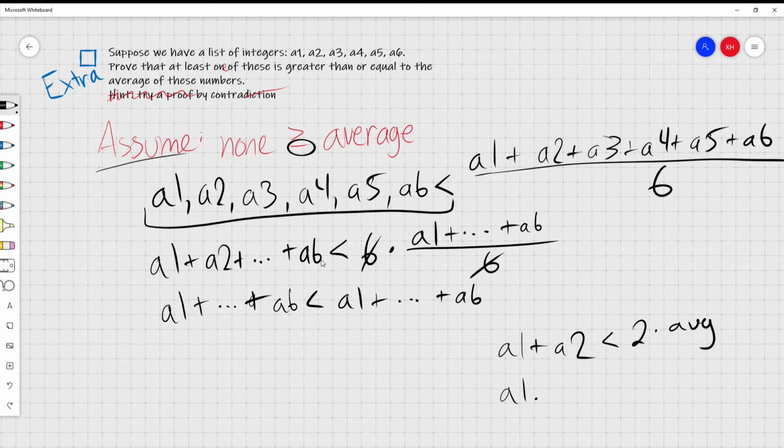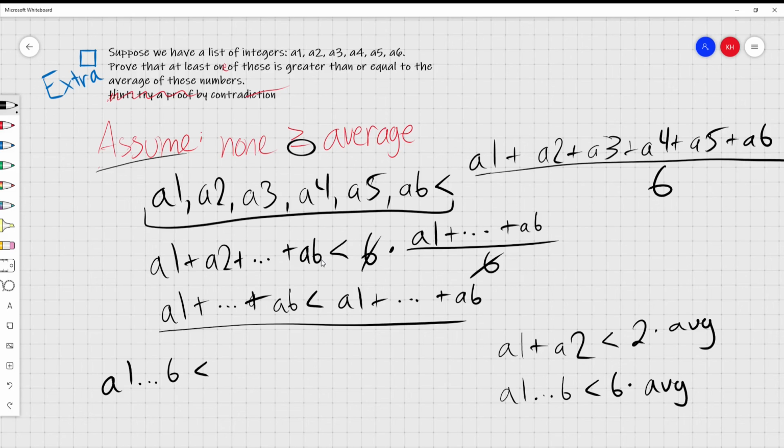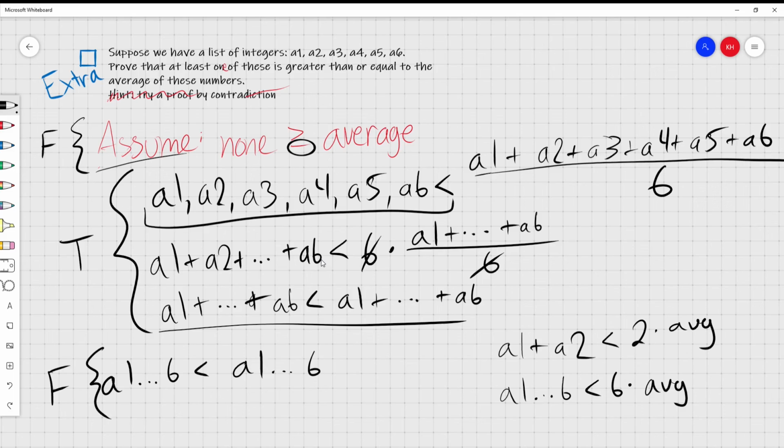So A1 through A6 has to be less than 6 times the average, right? And in this case, we get to here, where our sum is going to be less than our sum. And this is completely false here. We can't have a number being less than itself. So we know that by taking logical, truthful steps, our assumption then is false by default.